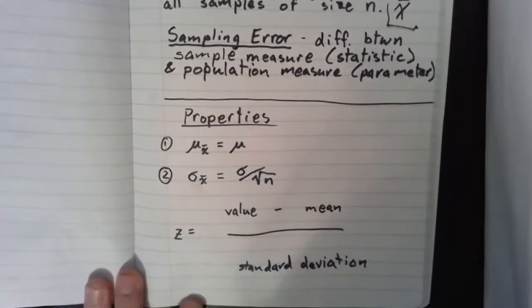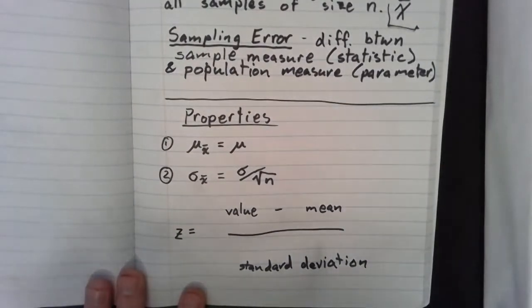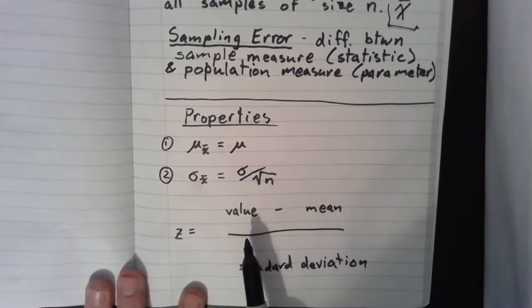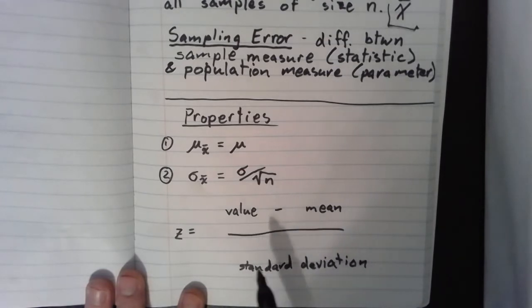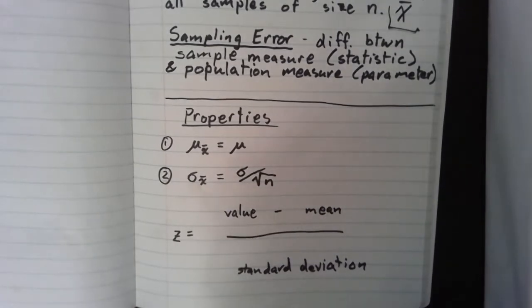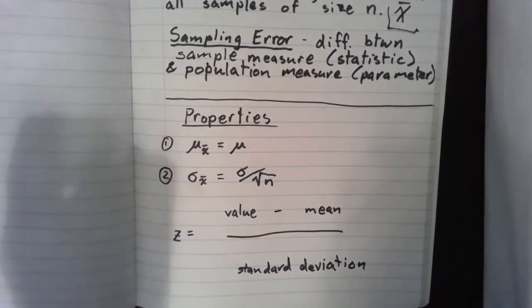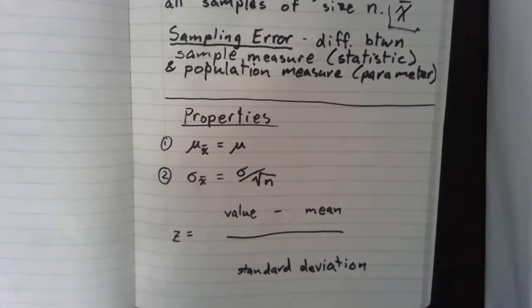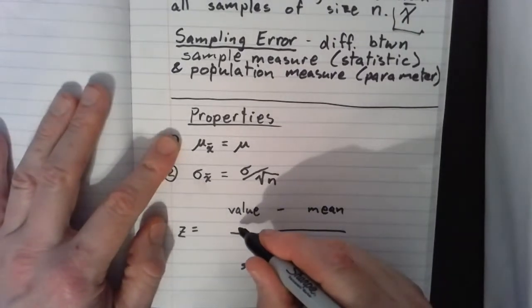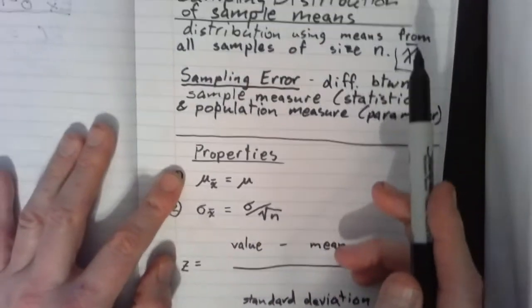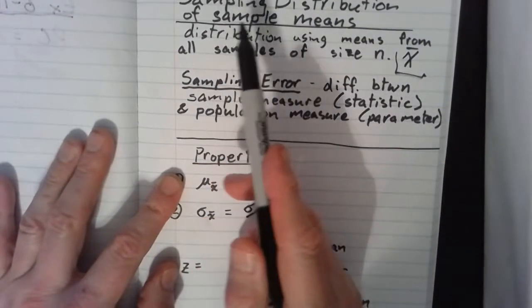So remember, a z-value, how do we do that? That is the value from our distribution minus the mean of the distribution, all divided by the standard deviation of that distribution. I made a point to emphasize "from that distribution," because this is the sampling distribution of sample means.